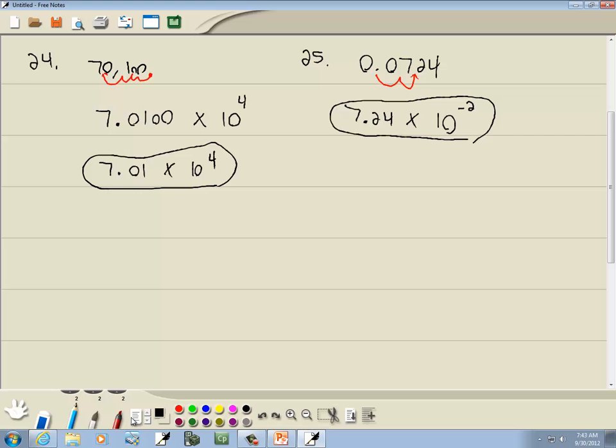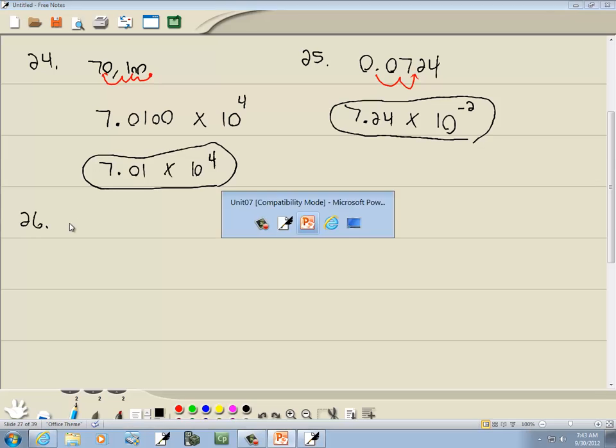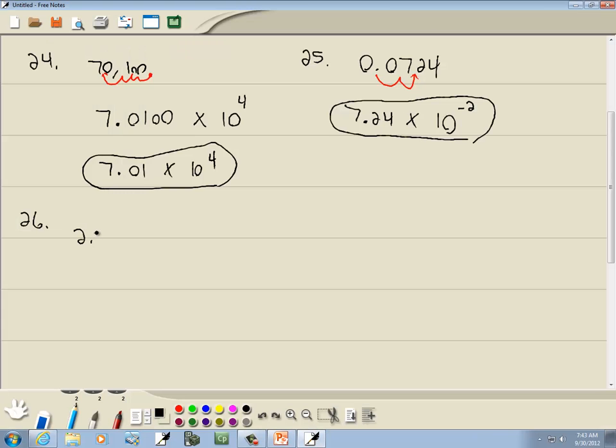So let's look at the next one. We've got 2.31 times 10 to the third. Now 10 to the third is 10 times 10 times 10, which is 1,000, which is kind of a big number. So we want to take this from scientific notation and write it into our standard form.